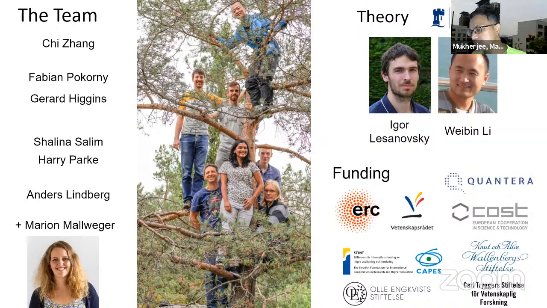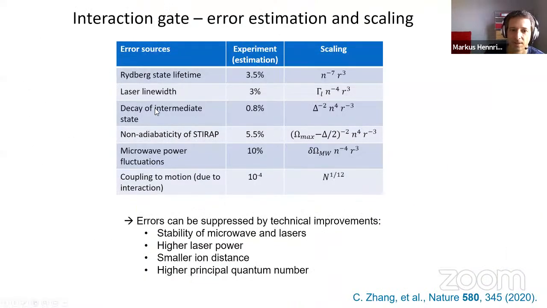Okay, the next question is, what are the technical challenges which arise because of speed up of the gate? I mean, of course, what we need to improve technically is mostly the Rabi frequency of our Rydberg excitation laser.